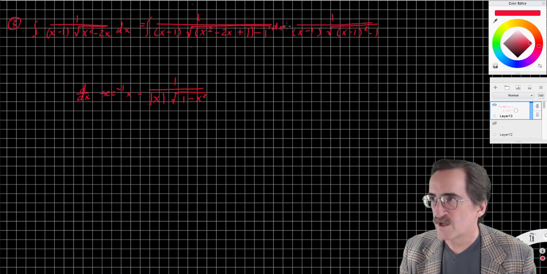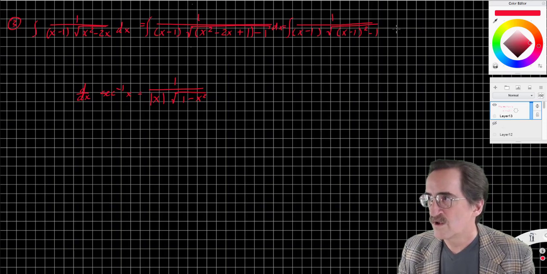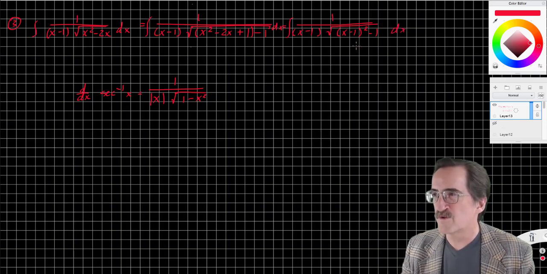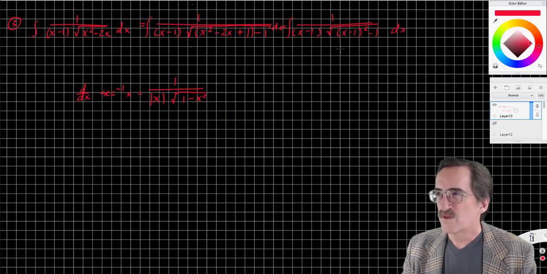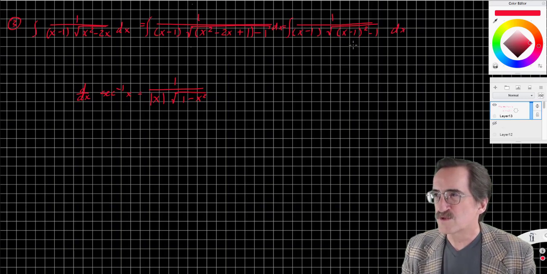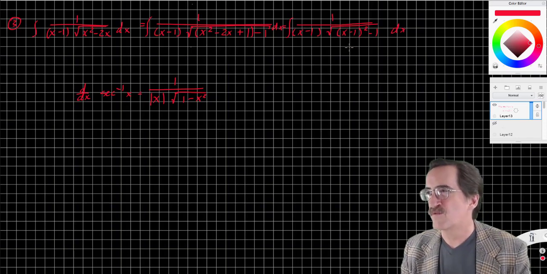Don't forget the dx. Integral dx. Okay, now we're almost there. Now, the square root here has to be positive, and it only works where this is positive anyway.